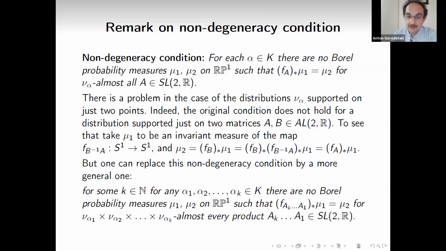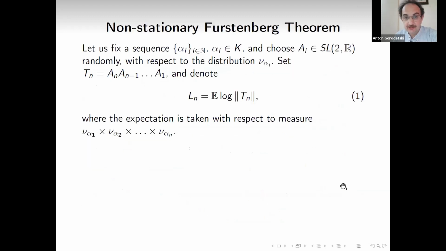So if you have matrices A and B on the first step and matrices A and B on the second step, then already if you compose 2 random matrices, you have 4 different choices. And then most likely this condition is satisfied. All right. So if we agree that this is indeed a non-degeneracy condition, now we can formulate the result.